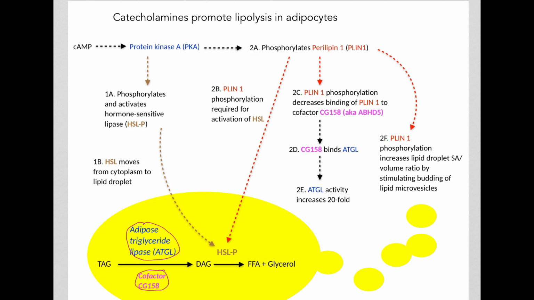The phosphorylation of PLIN1 will decrease the binding of PLIN1 to this activator. The activator is now free, and it will bind ATGL. In the presence of this cofactor, ATGL activity increases tremendously, almost 20-fold. And this increase in ATGL activity will cause the hydrolysis of triglycerides into diglycerides for lipolysis.